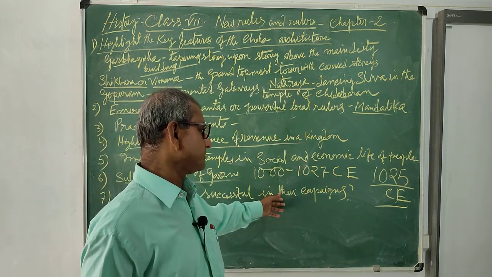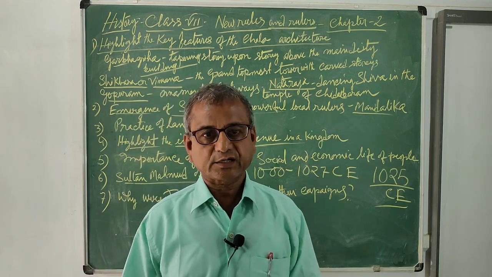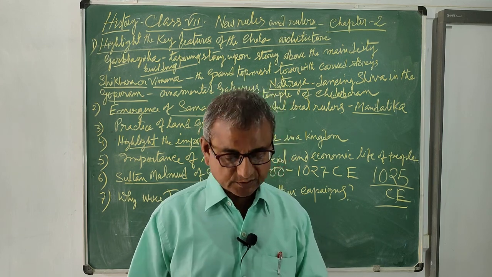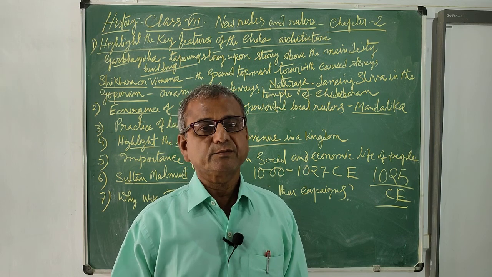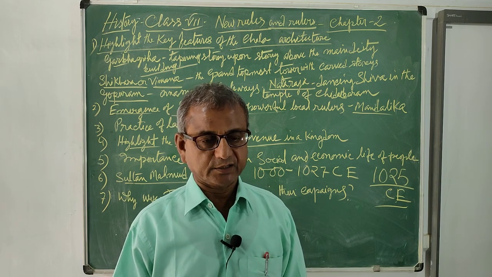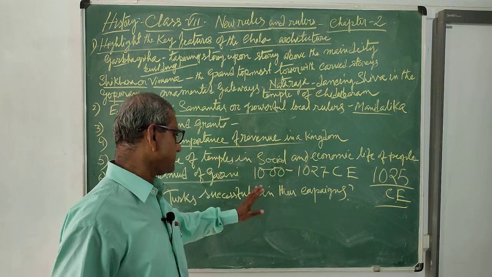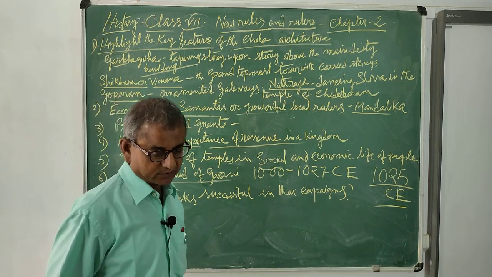Naturally, they could not unite in the battlefield, and moreover, their allegiance was to the military leader, and when the military leader was unable to lead the campaign, they were defeated. So this is how the Turks were successful in their campaigns.